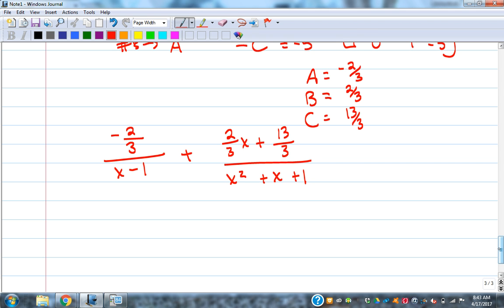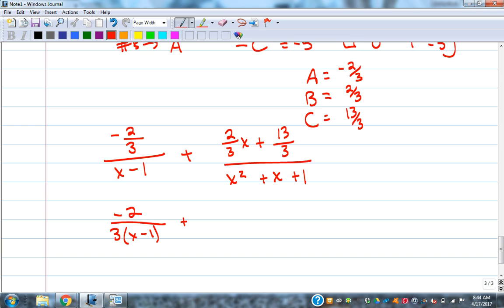All right. So the trick to getting that taken care of is just drop the denominator to the denominator so that it becomes negative 2 over 3 times x minus 1. And since those are both 3's, if they weren't the same denominator, you get a common denominator and then bring it down.